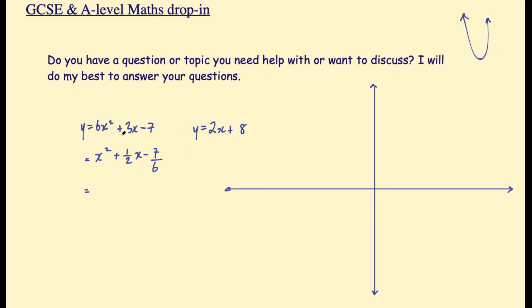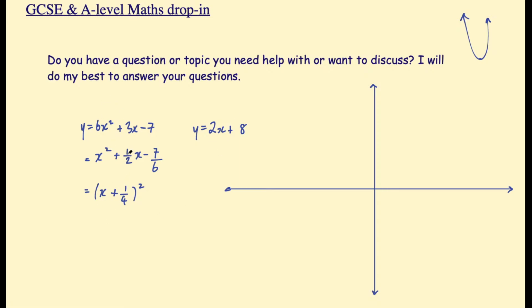And so I divided through by 6, and then I want to take half of this coefficient, and that is all squared, so x plus a quarter all squared. Taking half of a half is a quarter, so this is a method to complete the square.